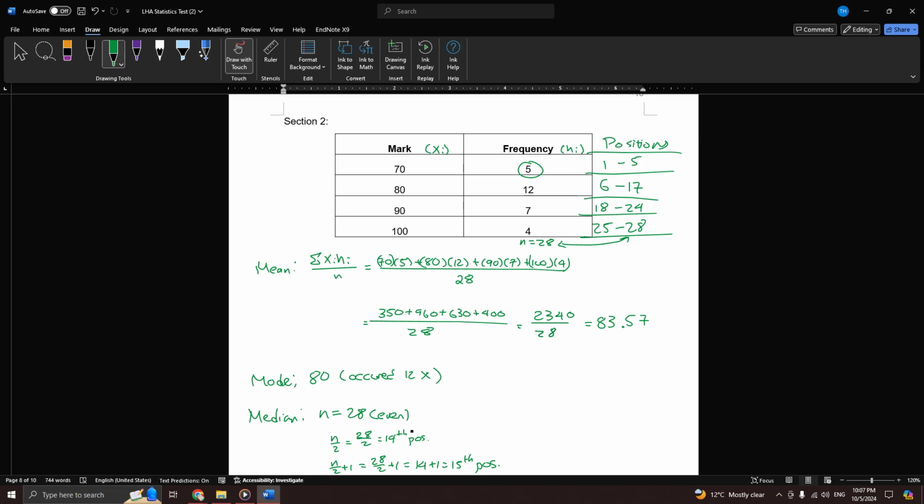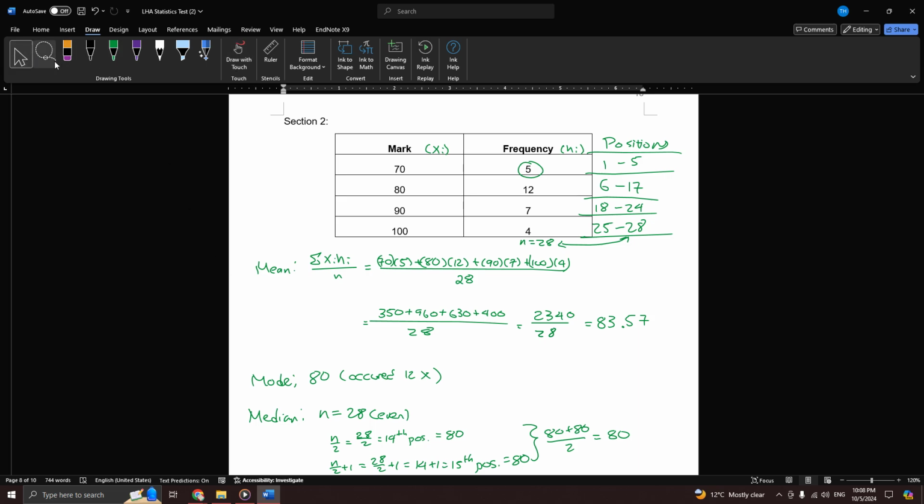So what is my 14th position? It is going to be 80. And my 15th position is also going to be 80, right? 14 and 15 are both between 6 and 17. So 80 plus 80 divided by 2, that's 160 divided by 2 is 80.